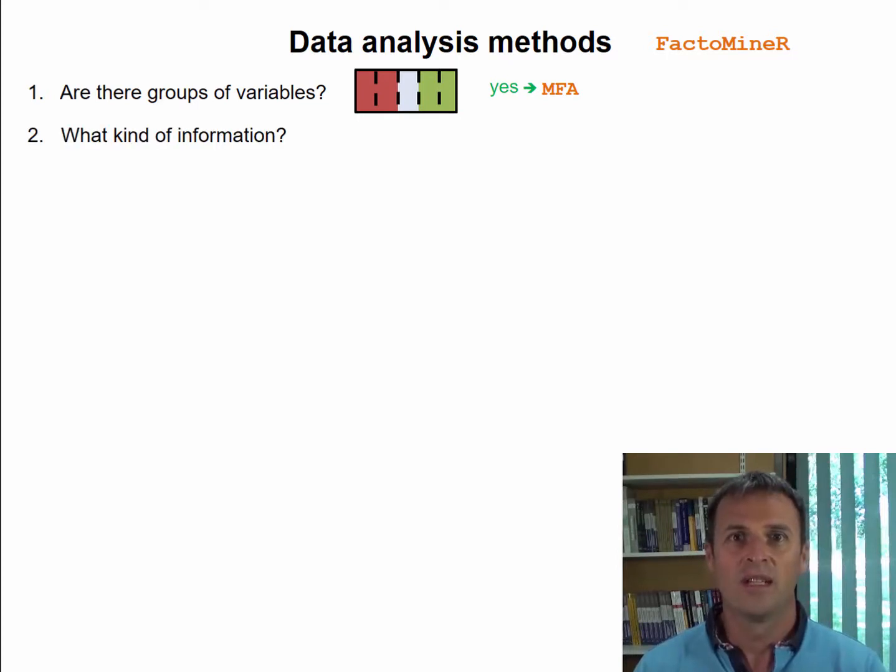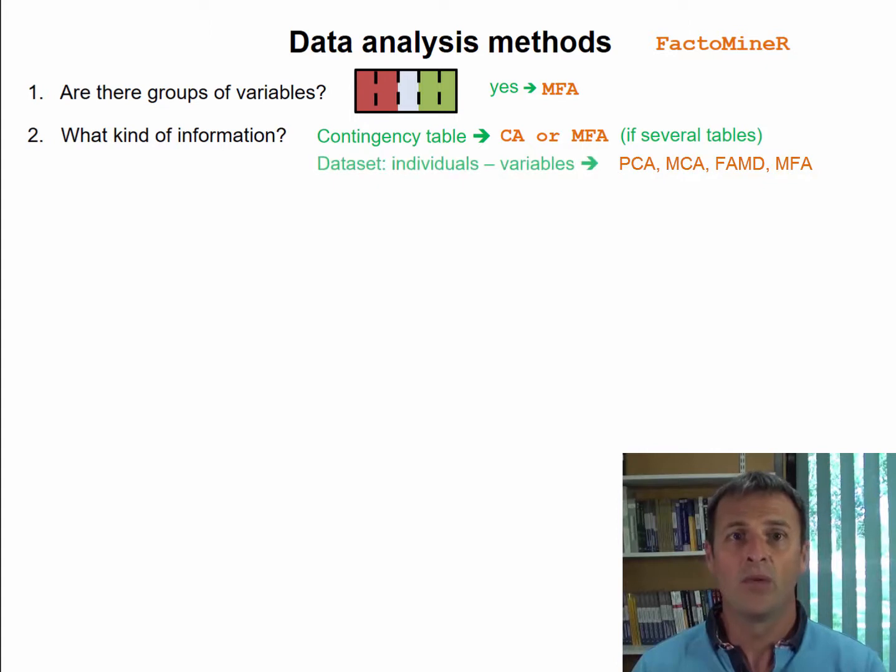The second question is, what kind of data and information have we been given? Two possibilities. Either it's a contingency table or several contingency tables, in which case we are going to think about doing correspondence analysis if there is only one table, and multiple factor analysis on contingency tables if we want to compare several contingency tables.